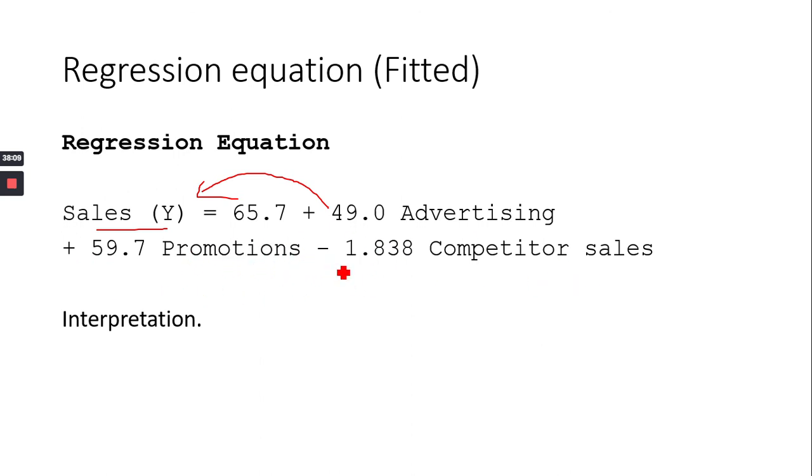I'm so happy with the way this data is behaving when I look at the practical part of it. Look at the competitors. We are saying for every unit increase in the sales of competitors, there is a 1.838 decrease in the sales. This is quite good.